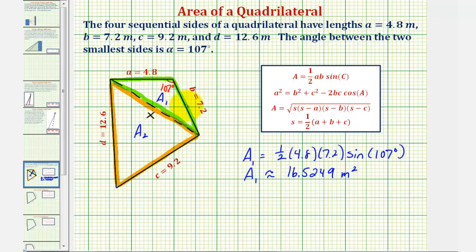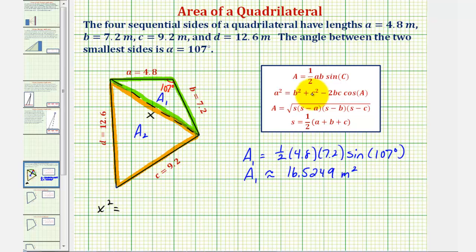The law of cosines is a squared equals b squared plus c squared minus 2bc cosine a. So the important thing to recognize here is that the known angle is angle A, and the side opposite the known angle would be side A. So to find x using the law of cosines, we would say x squared equals b squared plus c squared.